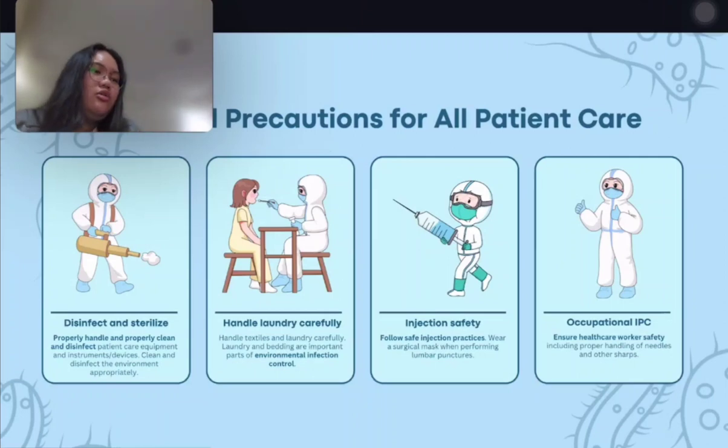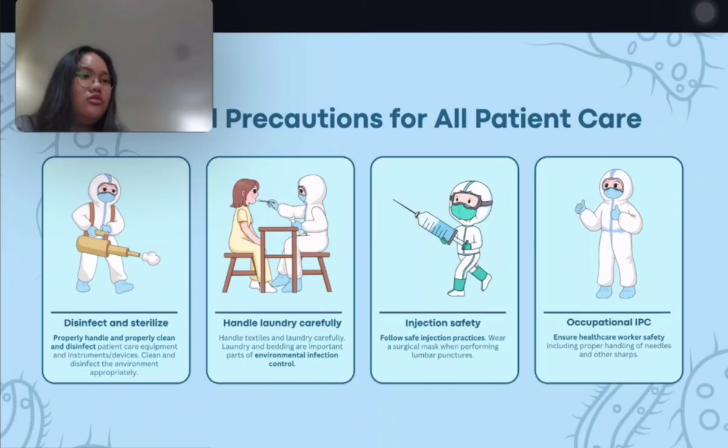So next, we have disinfect and sterilize. We should always properly handle, clean, and disinfect patient care equipment, instruments, or devices. Next, we have handling laundry carefully. Laundry and bedding are important parts of environmental infection control, so this also applies to disinfection.